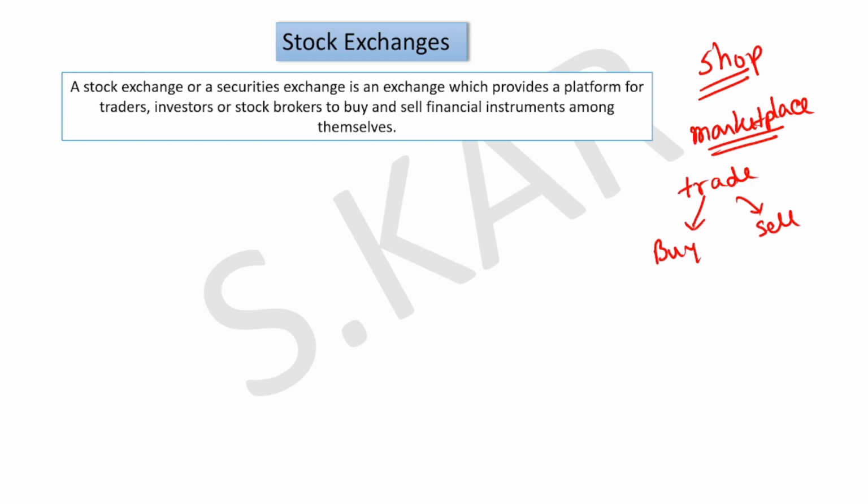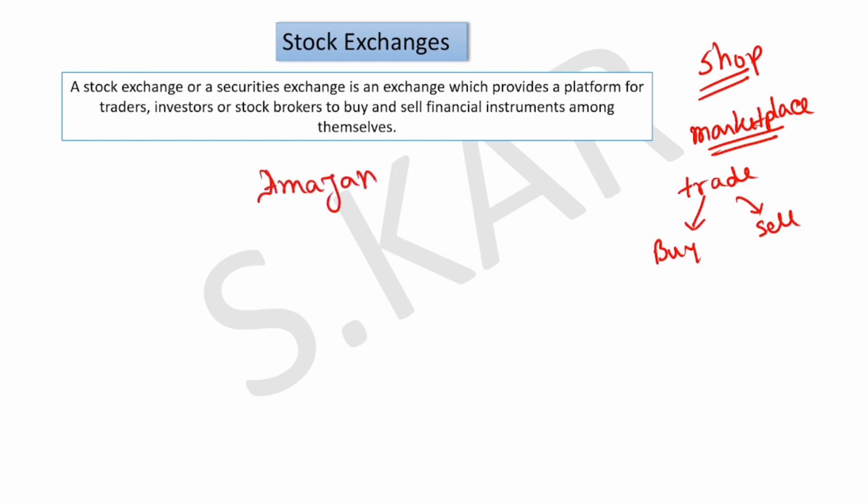Now you have a question in the mind that previously I said that whenever you buy a share in the secondary market, you buy it from another investor, another person, and whenever you sell a share, you sell it to someone. Again, I am saying that you are buying or selling in the stock exchanges. What do I mean by this? Think about Amazon.